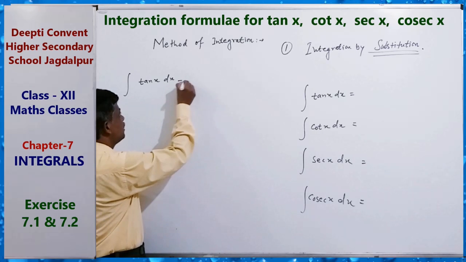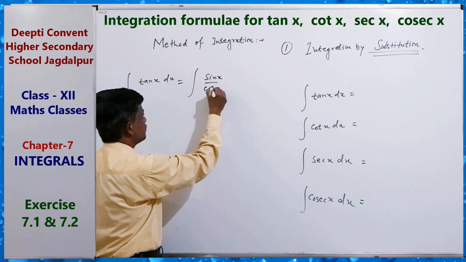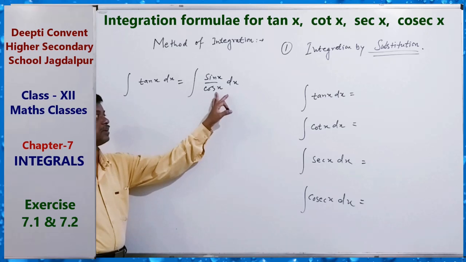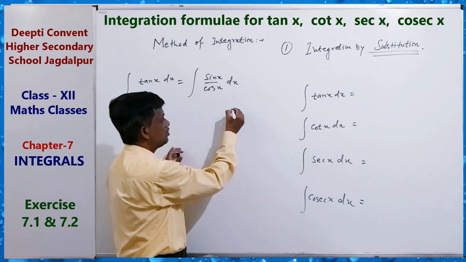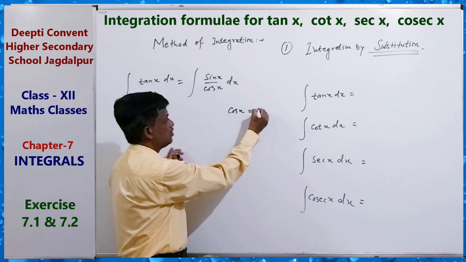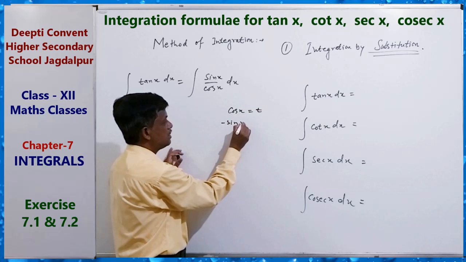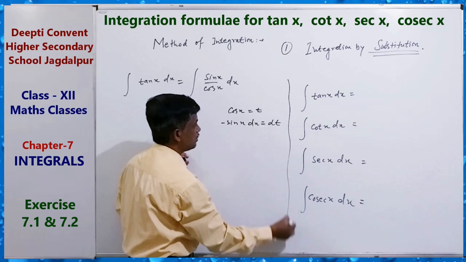So tan x we can write as sin by cos dx. Here we see that the derivative of cos is minus sin. So put cos x equals t. Then the derivative of cos x, minus sin x dx, equals dt.